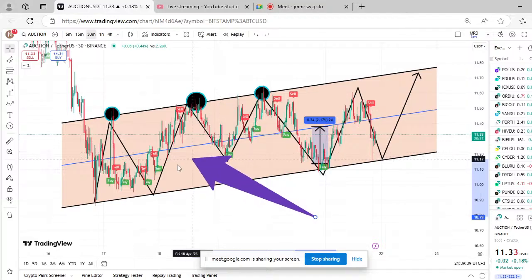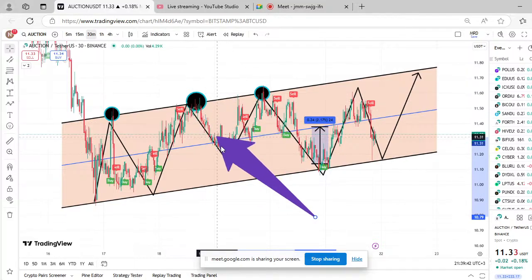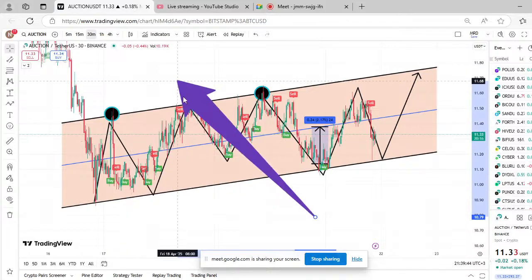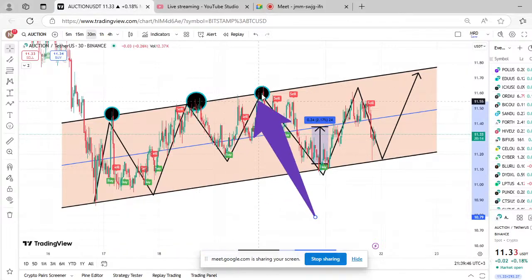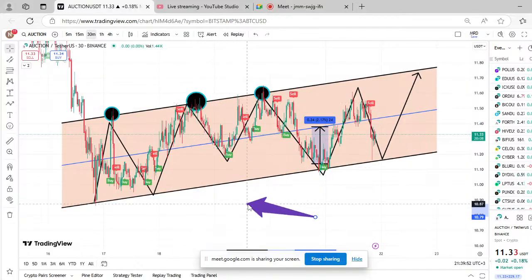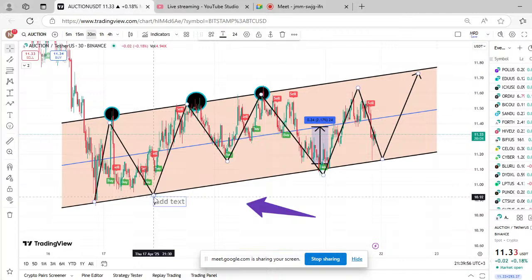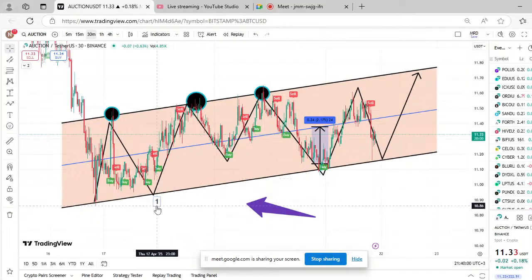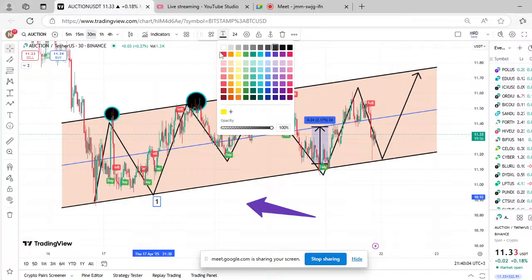It could print the lines and show you this is 1, 2, then 3. Enter at 3. We are forming 5. And 5 should be higher than 2. Let me show you. It could tell you this is number 1. Let me change the color at least. Not black.